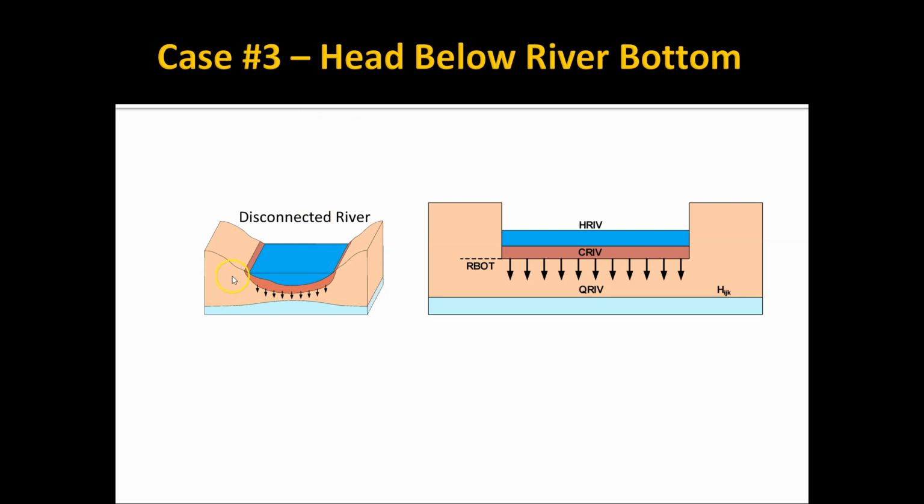And you'll notice on the left here there's a mounding in the water table because of this water percolating into the aquifer. And so in this case, the flow rate is defined with this equation, where the head difference is now defined by the stage in the river minus the river bottom elevation.